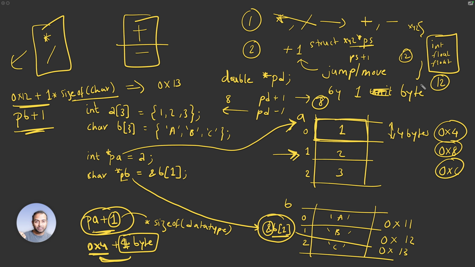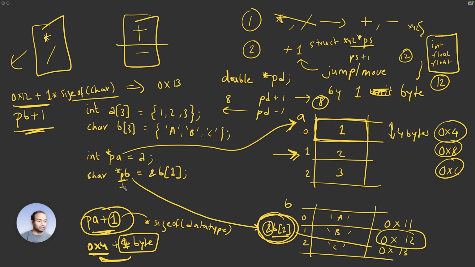And you can increment and decrement by any integer value. Just be mindful of whether, at the new address, there is something meaningful. So we have PB holding hex 12.